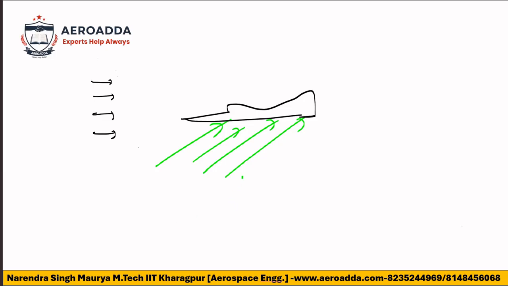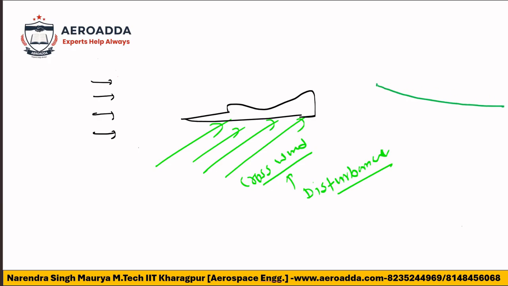When a crosswind came, it's also called a disturbance. When the disturbance came and hit the aircraft, okay, then what will happen? This aircraft will change attitude. The aircraft is somewhat like this. Check, the orientation has been changed. Means there is the nose up condition.